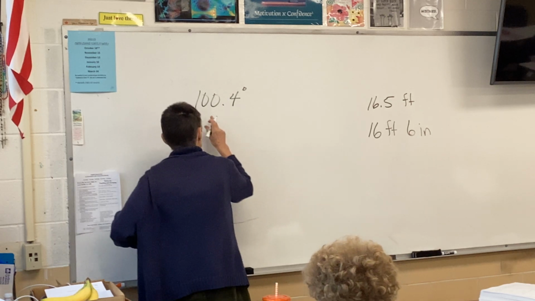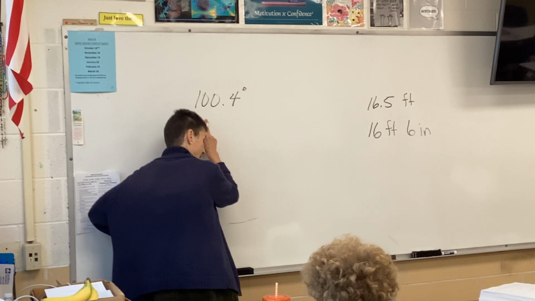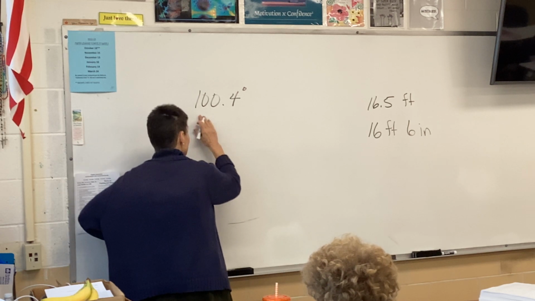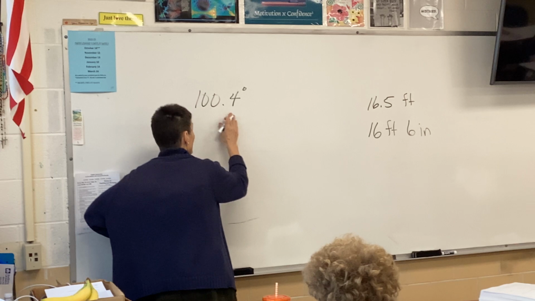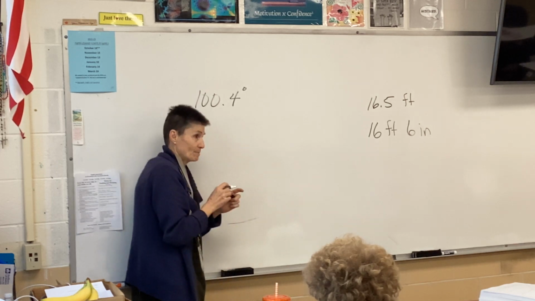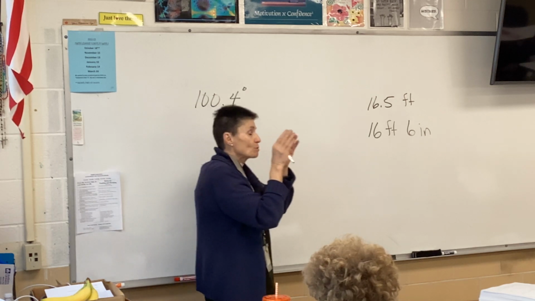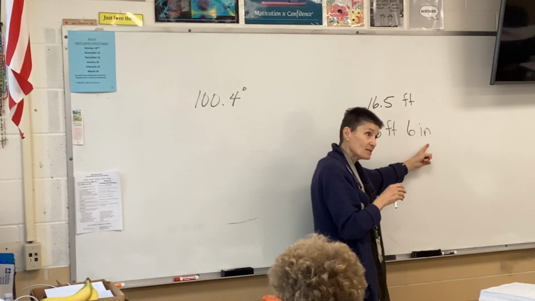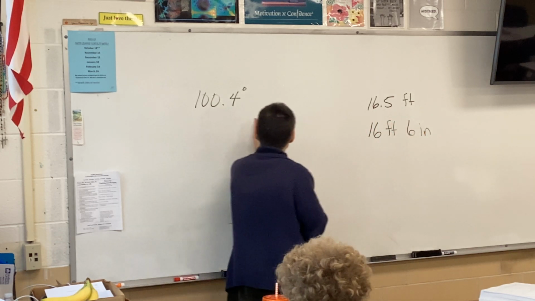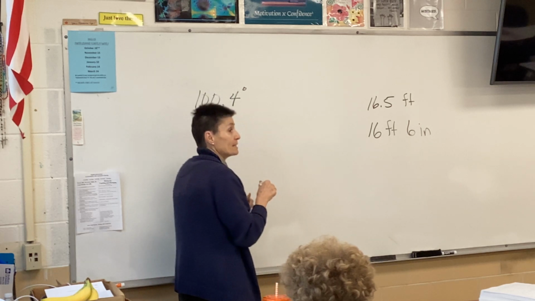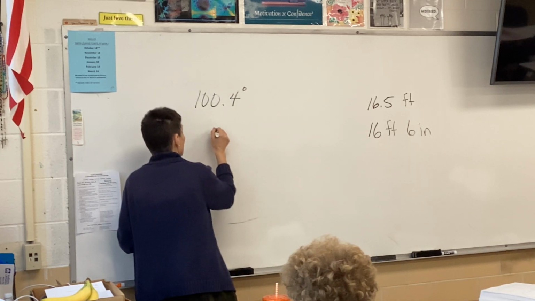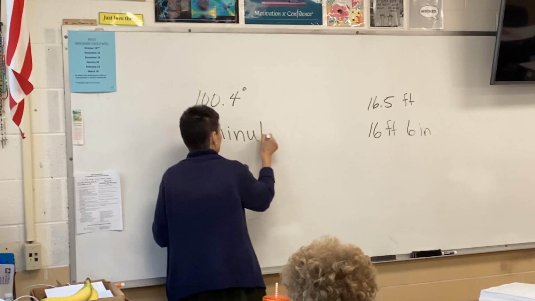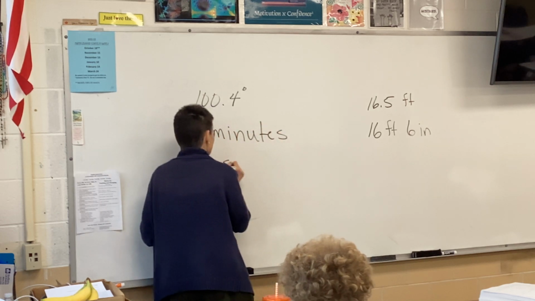Now we're going to do the same thing with our angles. This is a decimal. We need to change this decimal into smaller units, just like feet can be broken down into inches. Degrees can be broken down into things called minutes and seconds.